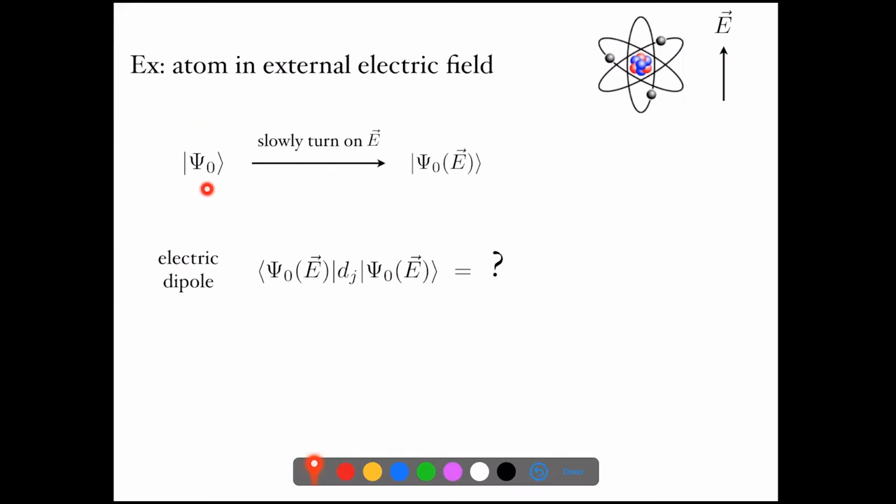Then your atom will end up in the ground state in the presence of the electric field. The atom will adapt and deform; before it was spherical, now it will have an electric dipole. And you can compute your electric dipole. The question is, what can you say about the direction of this electric dipole?